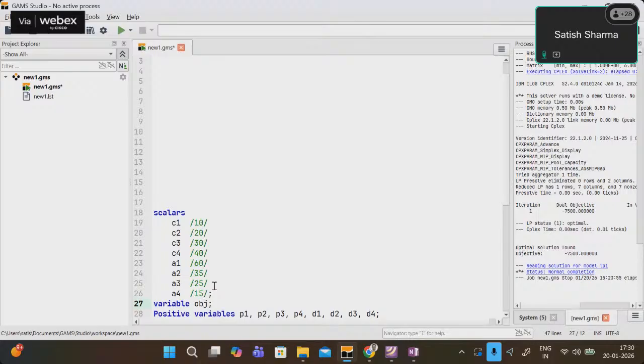Then next part is, we don't need to define sets here because we are not using any set. Then the second part was input data. As there are no sets, we don't have any arrays or tables, so we are not defining those as well. And I'm not giving any description.